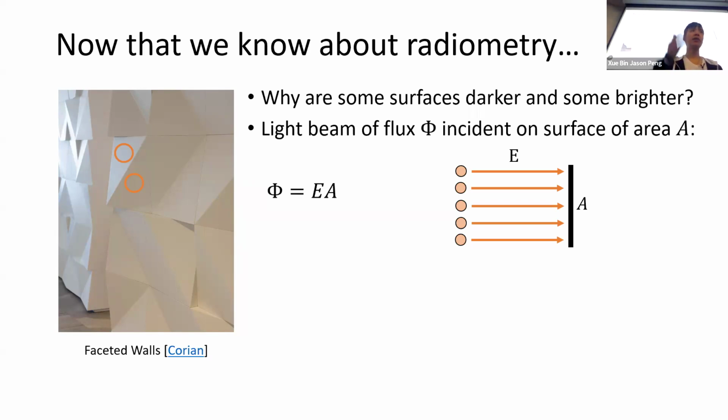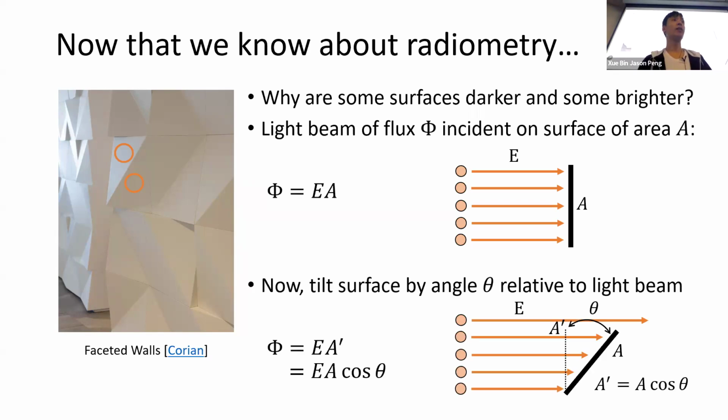Okay, now let's say we take a surface and then we tilt it away from the light source. In this example, I've taken a surface with some area A, and I've rotated it away from the light by some angle theta. Now, when we rotate the surface away from the light, the cross-sectional area of the surface that intersects with the light has been reduced.